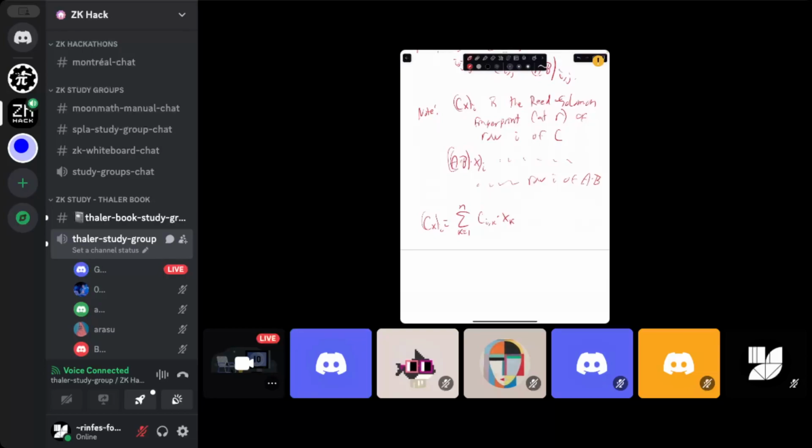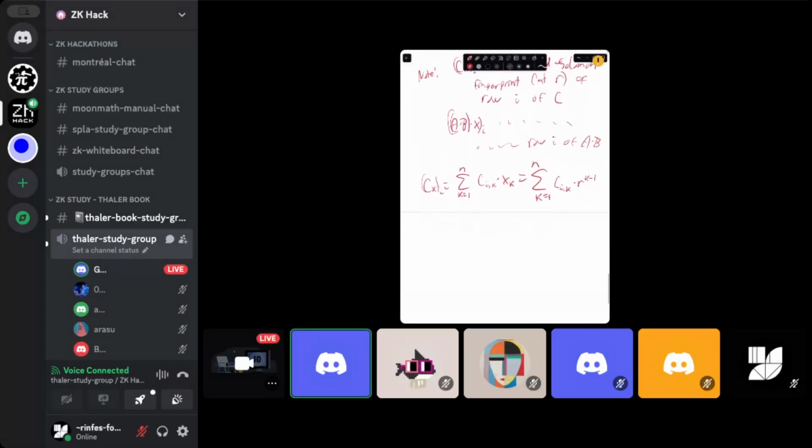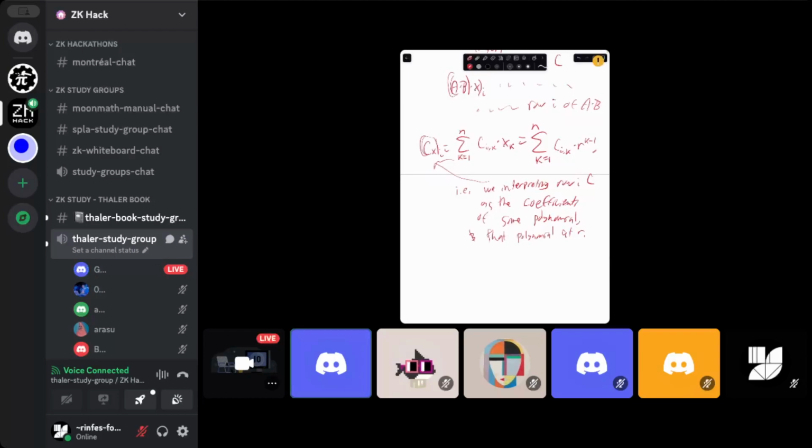And remember, the kth entry of X was an appropriate power of R. So what's happening here is, in this equality, we are effectively interpreting row I of C as the coefficients of some polynomial, and evaluating that polynomial at R. So the ith entry of Cx is the result of interpreting the ith row of C as the coefficients of a polynomial and evaluating the polynomial at R. In other words, the ith entry of Cx is the Reed-Solomon fingerprint of row I of C.